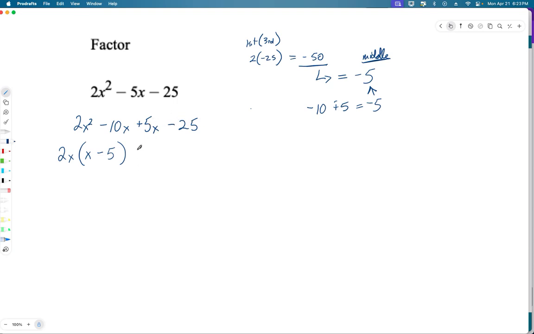I can pull 5 out of both. 5 times x is 5x, and 5 times negative 5 is negative 25. So now I see I have x minus 5, x minus 5. So my final factoring is 2x plus 5 times x minus 5. This is your final solution.